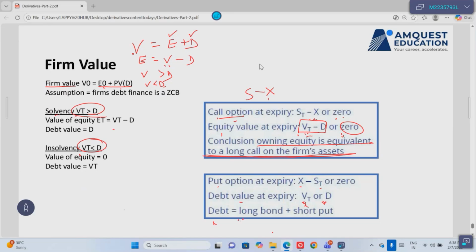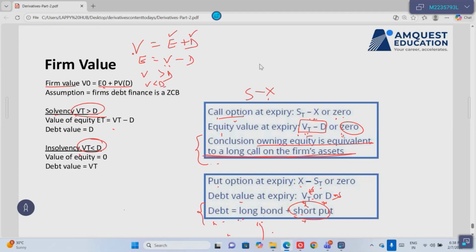Meaning he owns the bonds, but he has also sold a put option on those shares, right? Because if you see here, VT or debt, so VT minus S and plus S is cancelled out. So he has gone for a short put. Okay? So learn these two carefully. Owning equity is like a call option, and owning debt is like a bond plus short put.